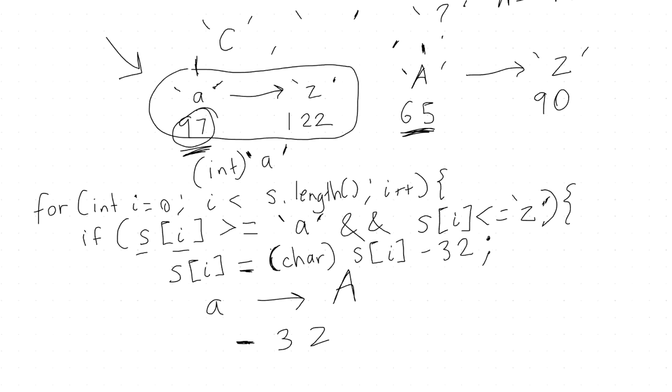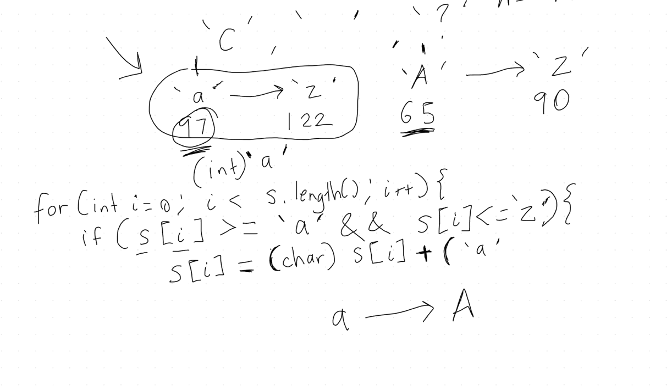But if you don't want to memorize this number as well, instead of using 32, you can also use the characters directly. If you're going from uppercase to lowercase or lowercase to uppercase, then you want to add on 'A' minus 'a'.